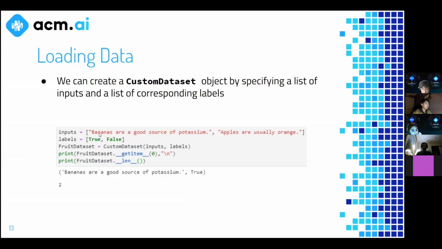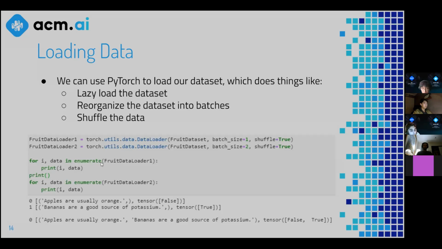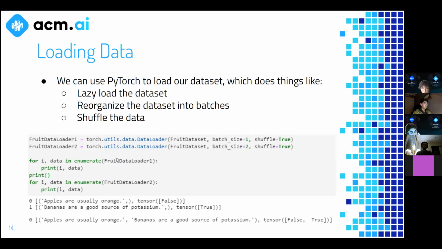It's just that instead of using this manual data, we're just using some data that PyTorch already has for us. So the data will be organized in the same manner as you see here.